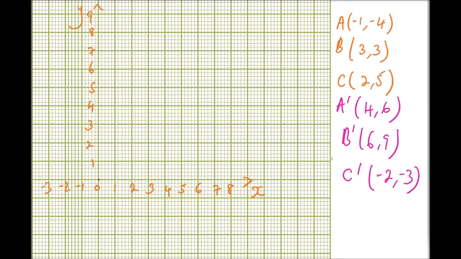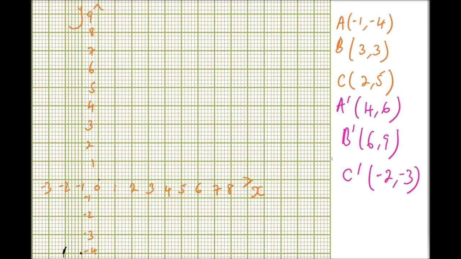Our A is at (-1, -4). So here we are supposed to have -1, -2, -3, -4. So we have (-1, -4). That is where we have our A. We can use a different color to be able to see properly.